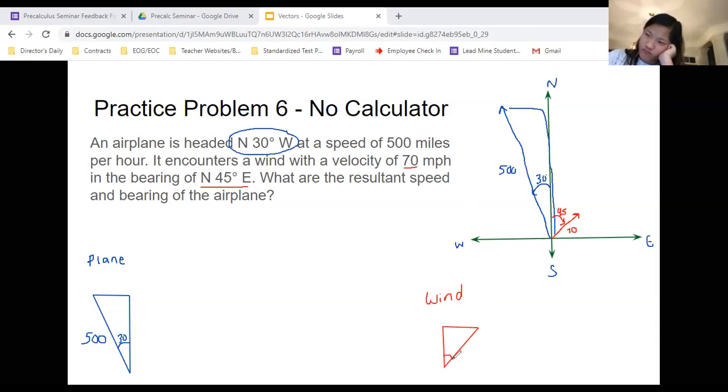So this angle is 45, and my hypotenuse here is 70. So again, I'm not going to use my calculator on this. I'm going to use my knowledge of the unit circle. Solve these. I'm going to solve the plane first.